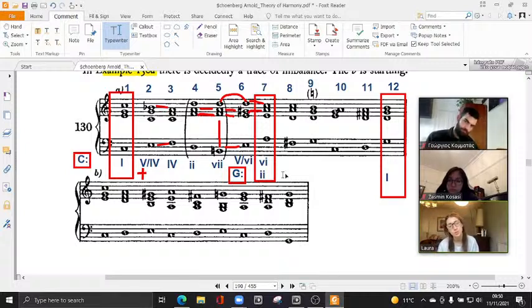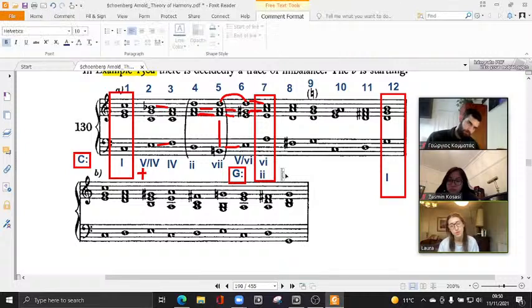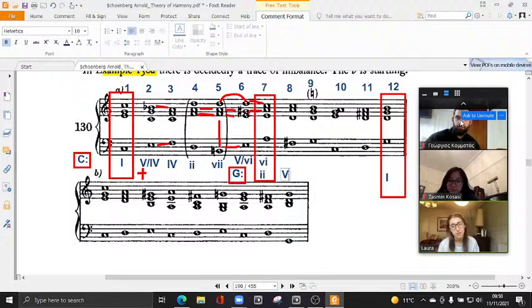No, it's the dominant. It's the dominant, exactly. Which inversion? The first inversion. Yeah. Do you remember the figured bass? Don't say A B C D, please.